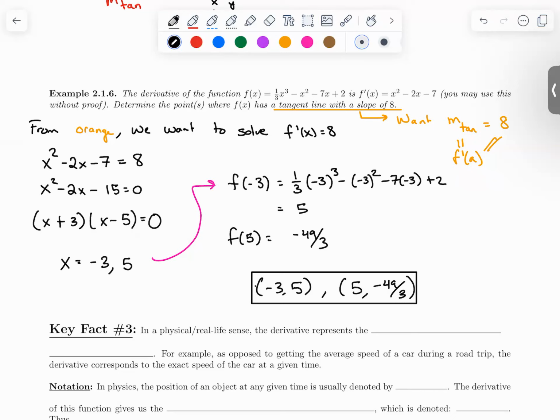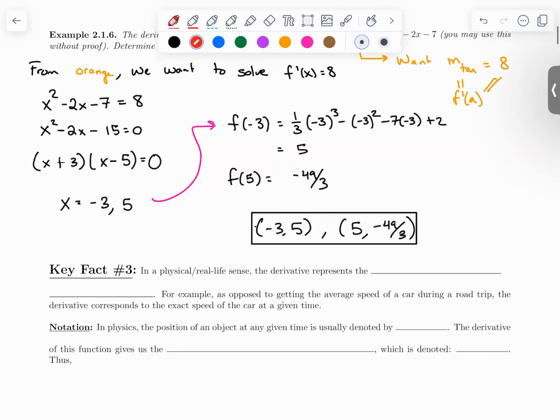All right. The last thing, so how do we utilize this? Math must be useful for something. Not much, but something. In a real life sense, the derivative can be thought of as the instantaneous rate of change. So for example, as opposed to finding your average speed over the course of a road trip, you could instead find out how fast you are going right now.